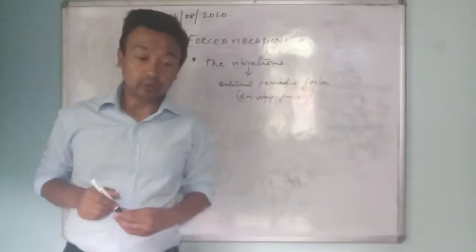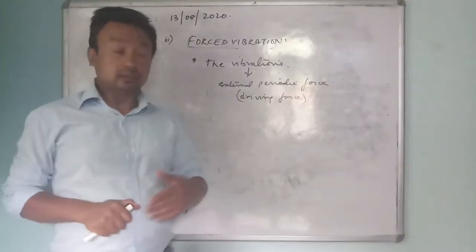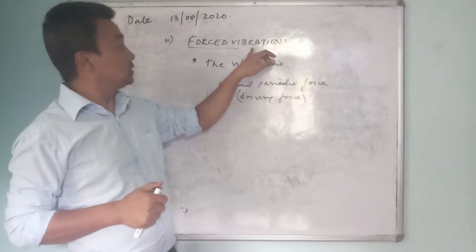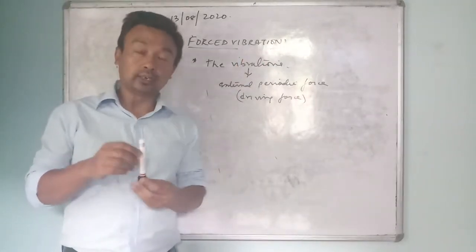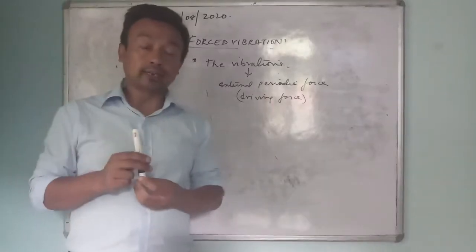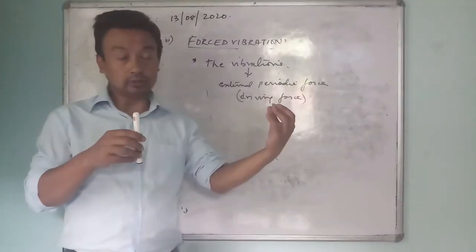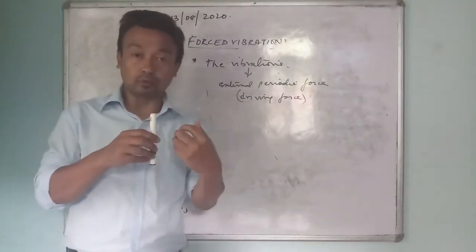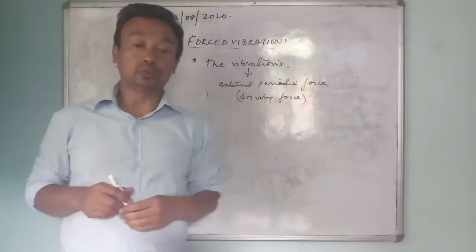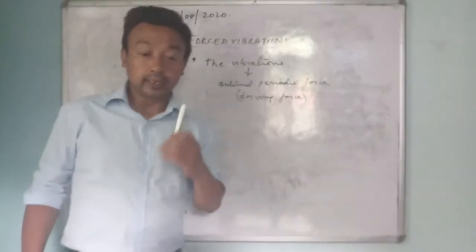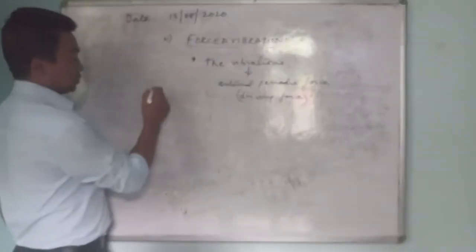Okay, now in the previous type of vibration, the damped vibration, we saw there were two forces acting on it, the restoring force and the resistive force, the frictional force. But now here in forced vibration, one more force is added.